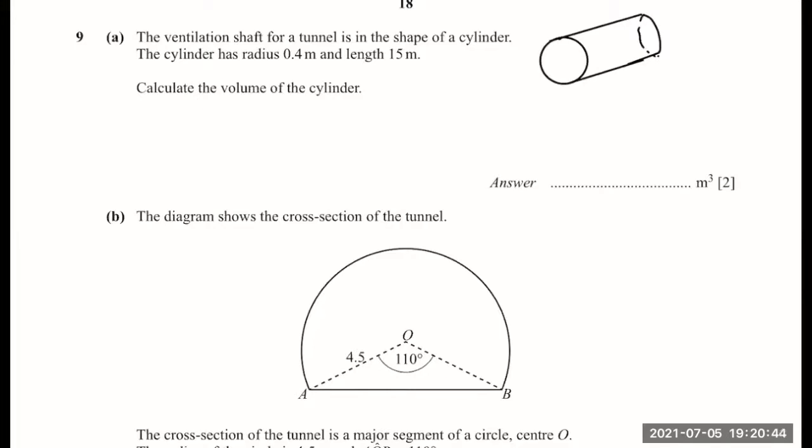The cylinder has a radius of 0.4, so 0.4, and a length of 15. Calculate the volume of the cylinder, which is simple.